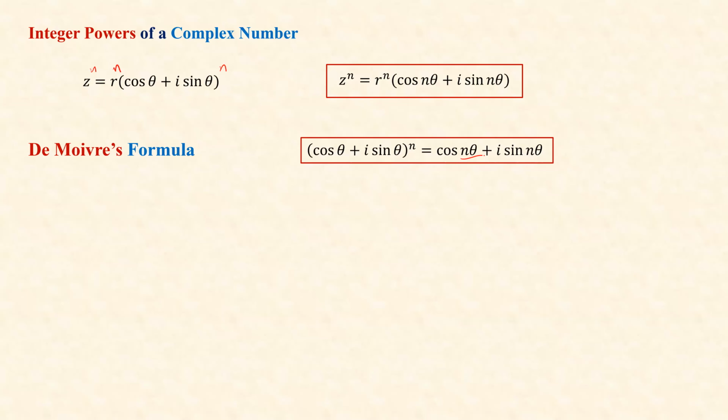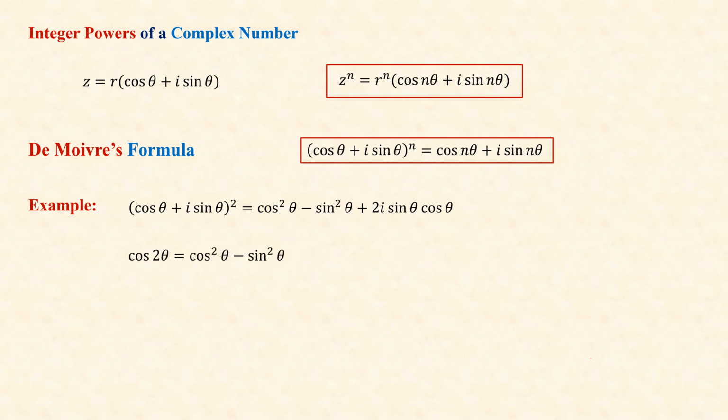For example, if you use n equal to 2, cosine theta plus I sine theta squared, you can square that and write cosine squared theta minus sine squared theta plus 2I sine theta cosine theta, right? On the other hand, you can write this as cosine of 2 theta plus I sine 2 theta, right?